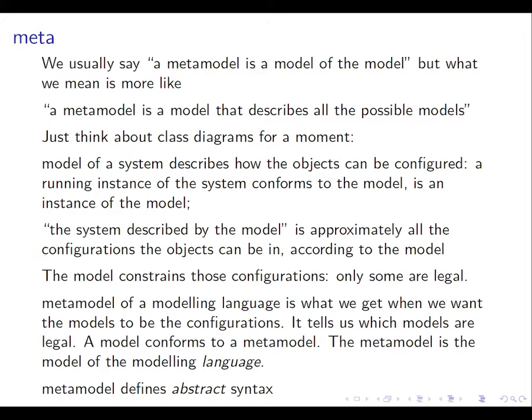So the graphical elements that occur in it are all instances of things that have been specified to be part of the language by the meta-model, and they are related in the appropriate way. And it's really just the same relationship. You may need to think about this a bit to convince yourself that it's really so, but I think we talked about this a bit at the paleo case. So a meta-model defines the abstract syntax of a language.